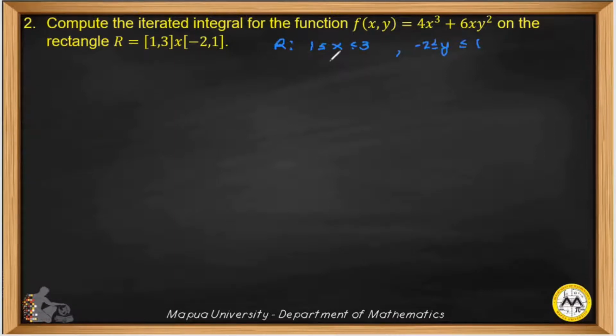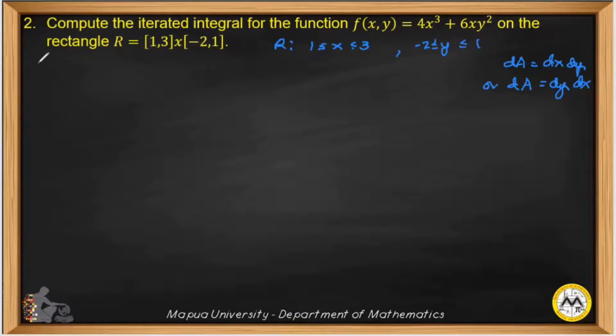And since this is rectangular, the differential of A may be either dx dy, or the differential of A is dy dx. Okay, we can either do it in the order dx dy or dy dx. Okay, let us consider the order dx dy.